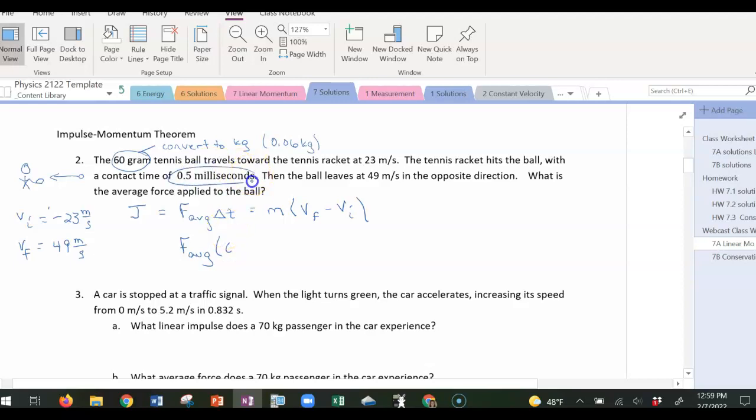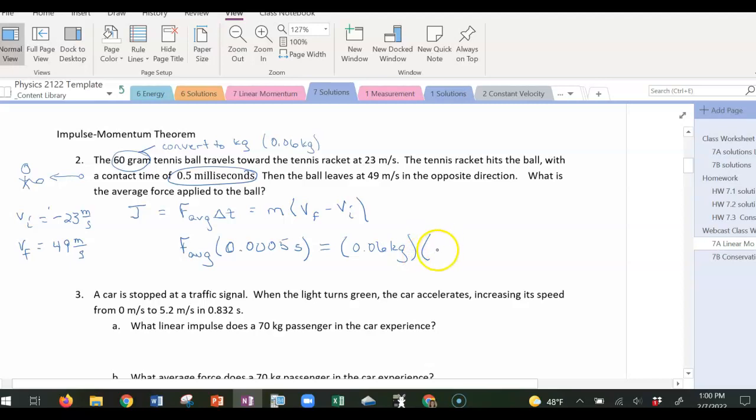So I'm going to just leave that as F average times half of a millisecond. I need to convert that as well, right? Half of a millisecond is 0.0005 seconds. The mass of the tennis ball is 0.06 kilograms.